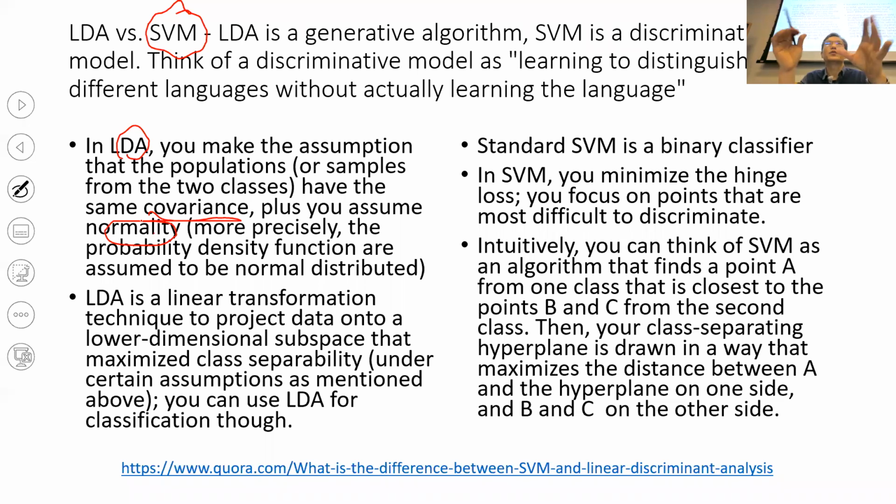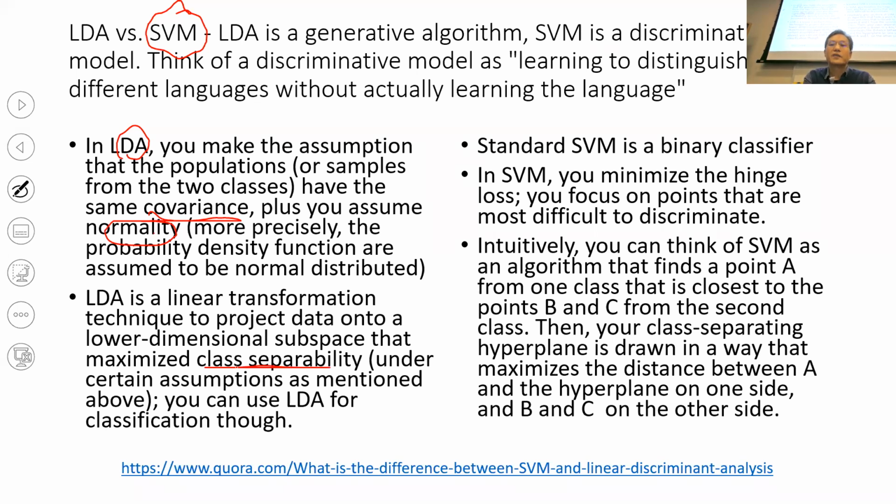Otherwise, you will run into a problem similar to the density problem. You remember the example? One cluster has sparse data points, another is very dense. If you don't have that, you run into the same kind of problem. And LDA is a linear transformation to project your data into a lower dimensional subspace and maximize class separability.